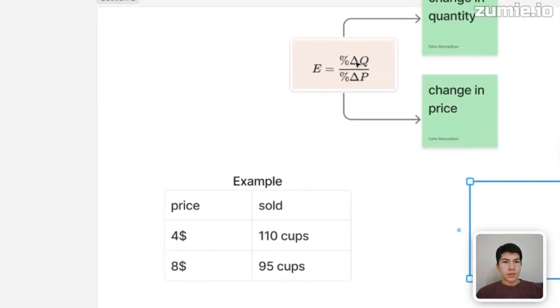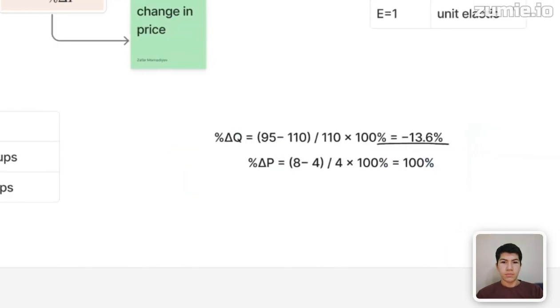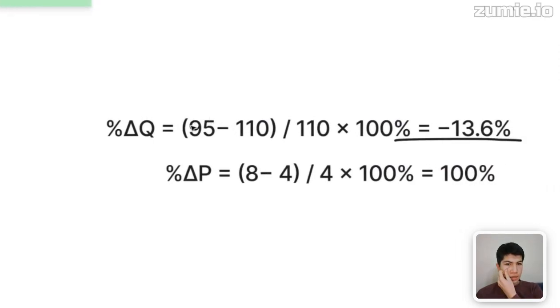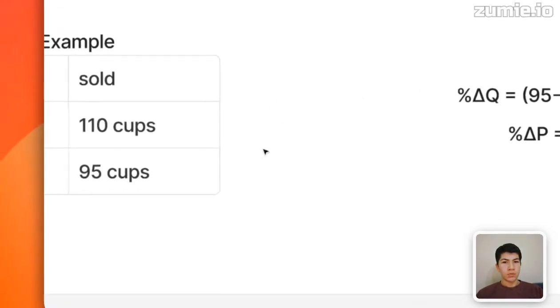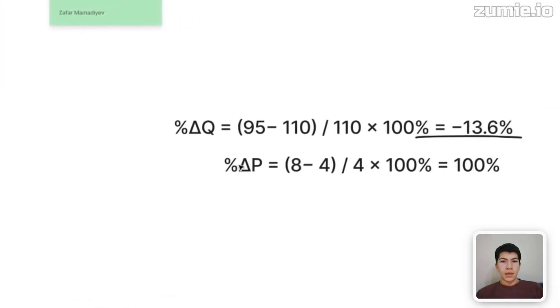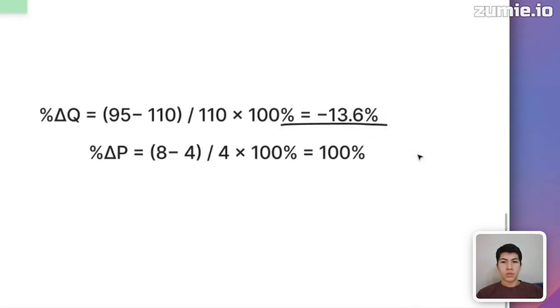Okay, talking about this formula, change in quantity means how people acted or responded to your change in price. There we were seeing a shift from 110 to 95 cups of coffee, and what we get is minus 1.38.